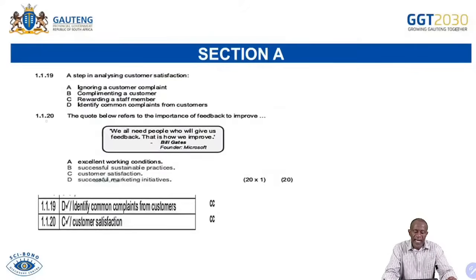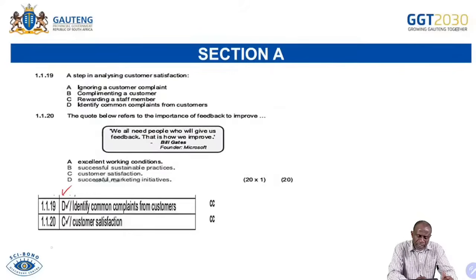And number D, identifying common complaints from customers. Those are your 4 options, and the correct option that best fits the statement is option number D. As you can see here, the numbering is 1.1.19 and the correct option is number D. So you write only the letter of the alphabet as per instruction.